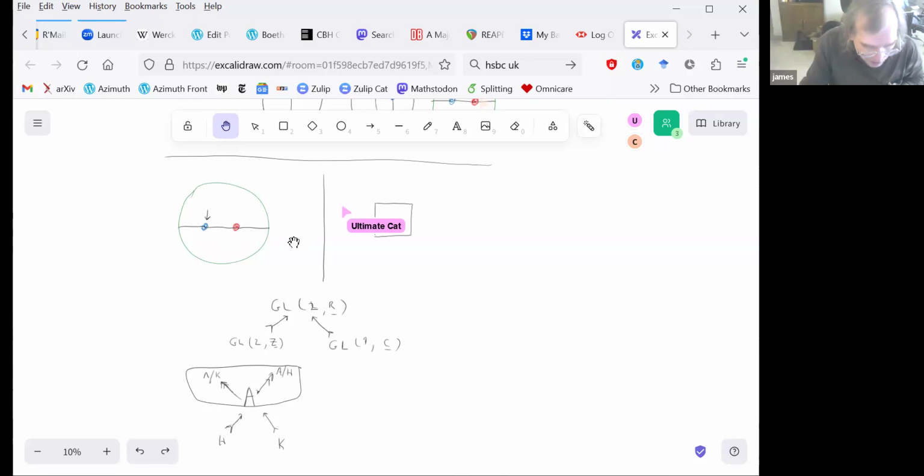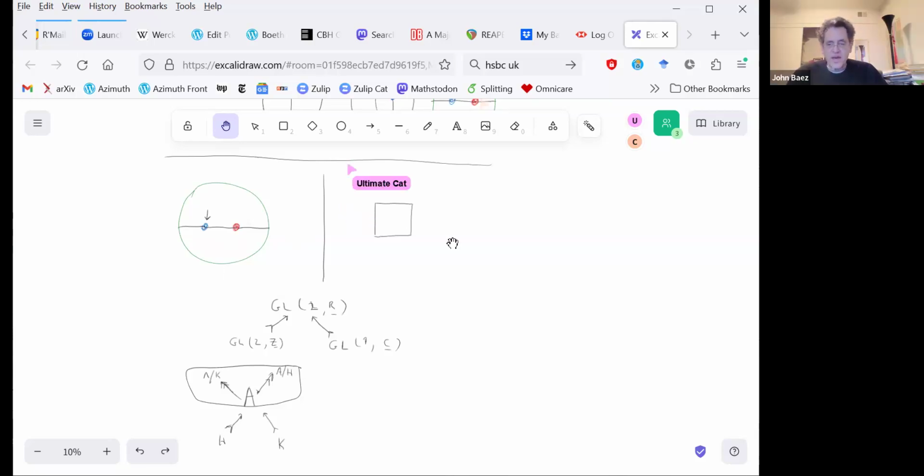Initial versus terminal. Yeah, go ahead. But the way I'd been thinking of what we were doing is that the upper half plane was already a homogeneous space of something.